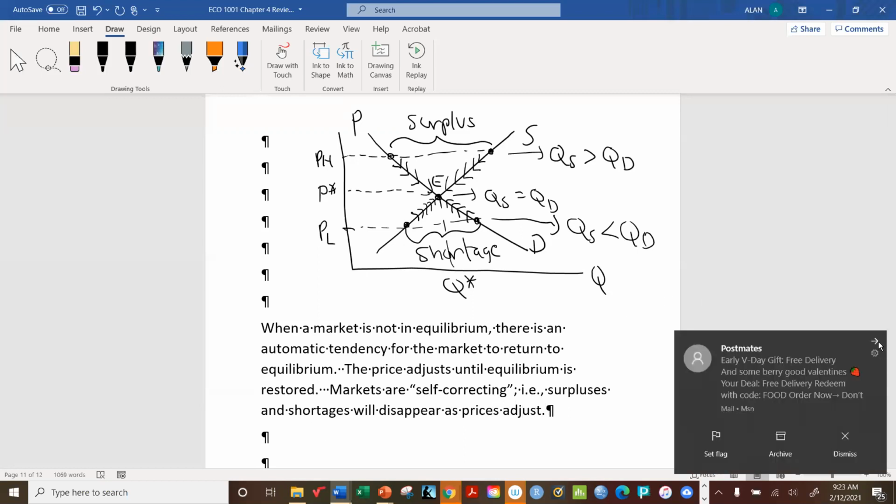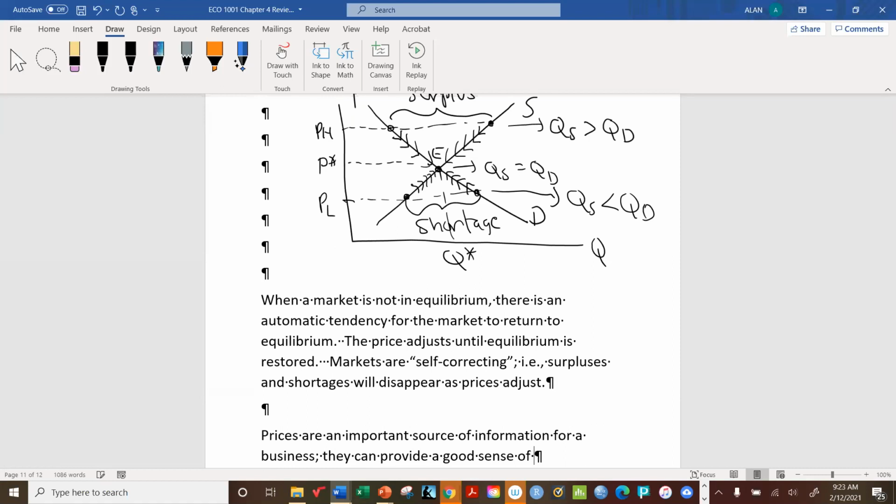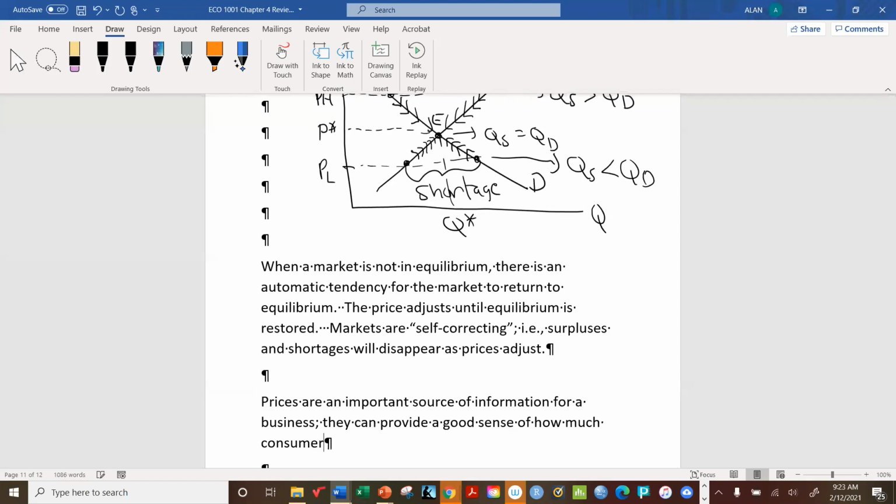So prices are an important source of information for a business. This is a separate discussion, but I'll just throw this in here. For business, they can provide a good sense of how much consumers are willing to pay for a good.